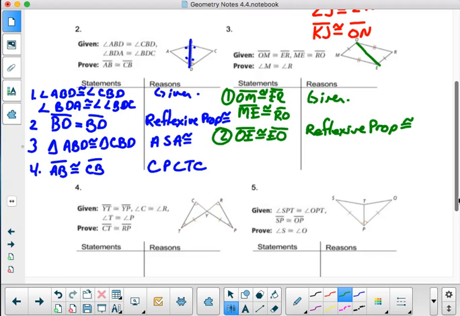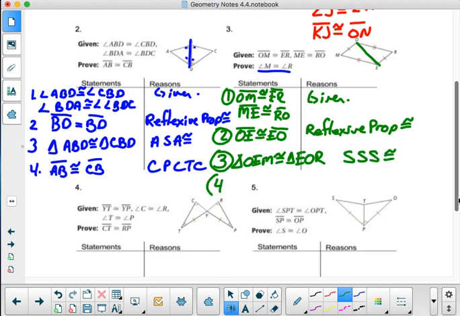Okay, and in step 3, I'm going to prove the triangles congruent to each other. I've got triangle OEM congruent to triangle EOR because of side, side, side congruence.